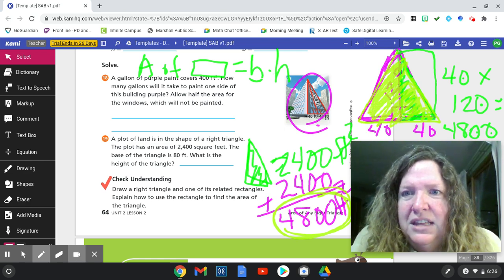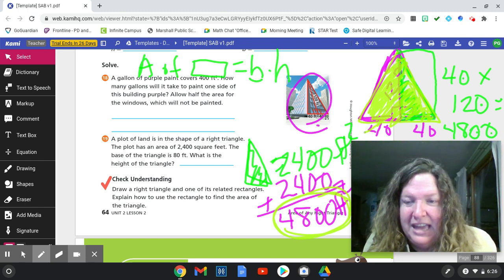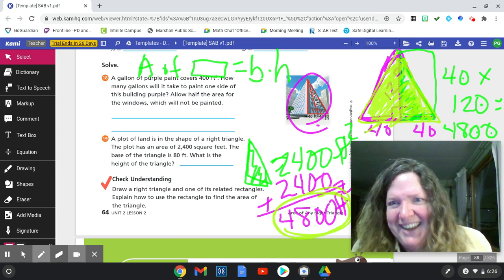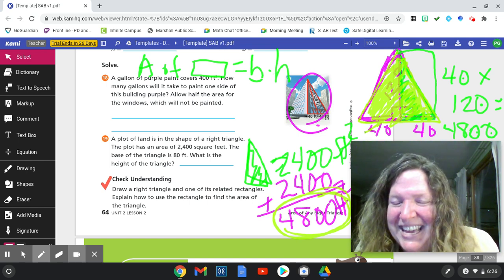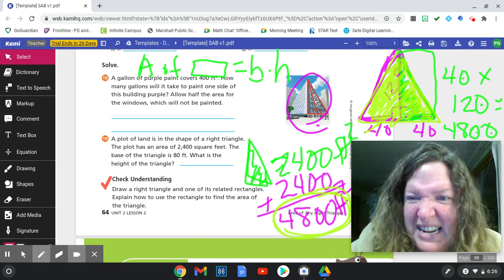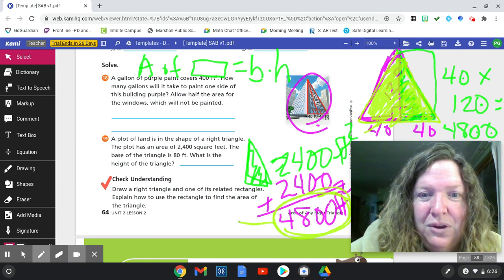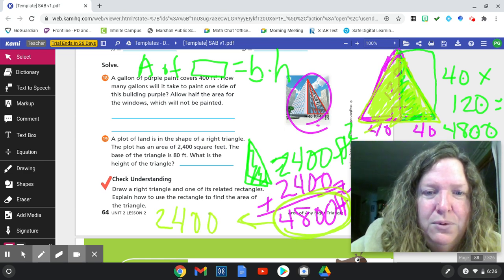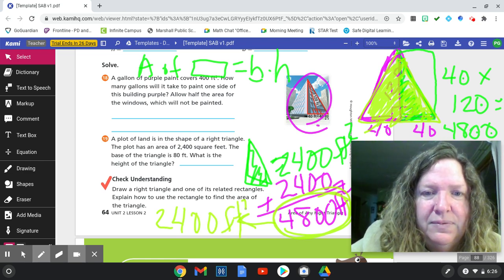So they tell us that about half that amount is covered over with windows. So again, we've got to cut it in half. So there's a lot of steps. So now we're at 4,800, but we got to cut it in half. And if we cut it in half, we go back to 2,400 square feet.